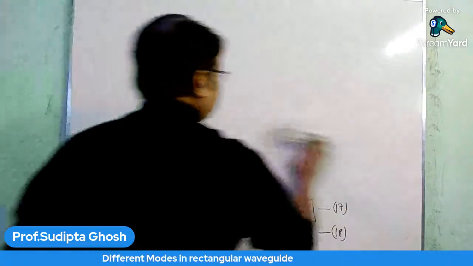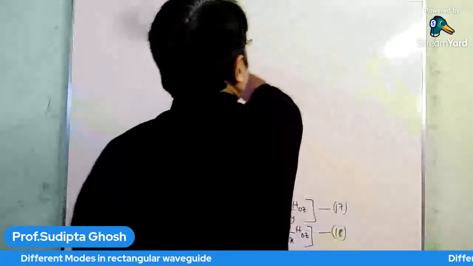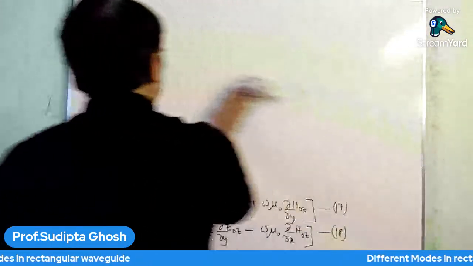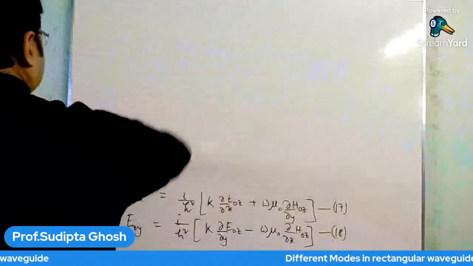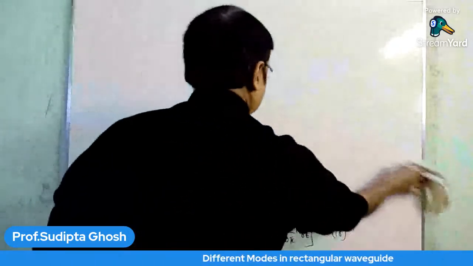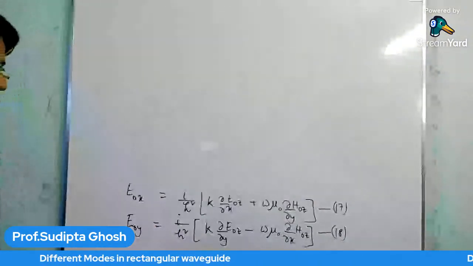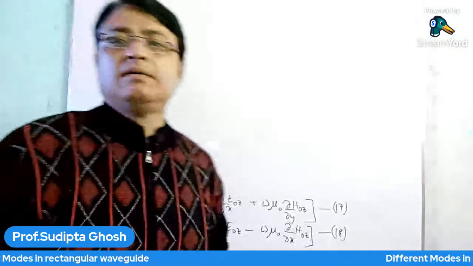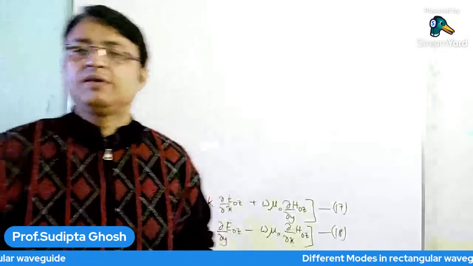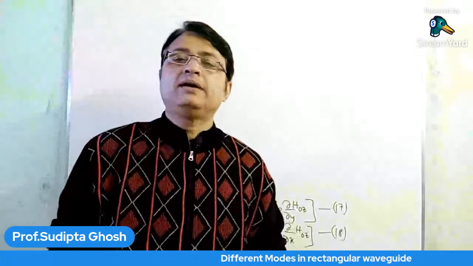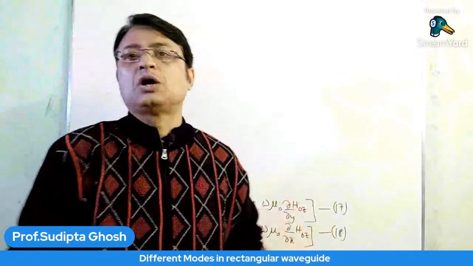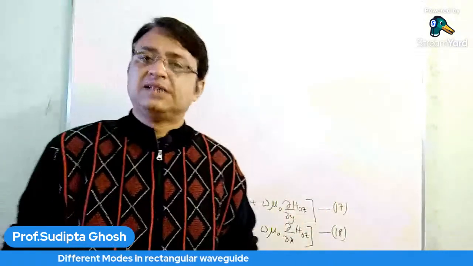For the TE waves, as we have shown, this is the transverse electric wave, so the longitudinal component of electric field is 0 here.